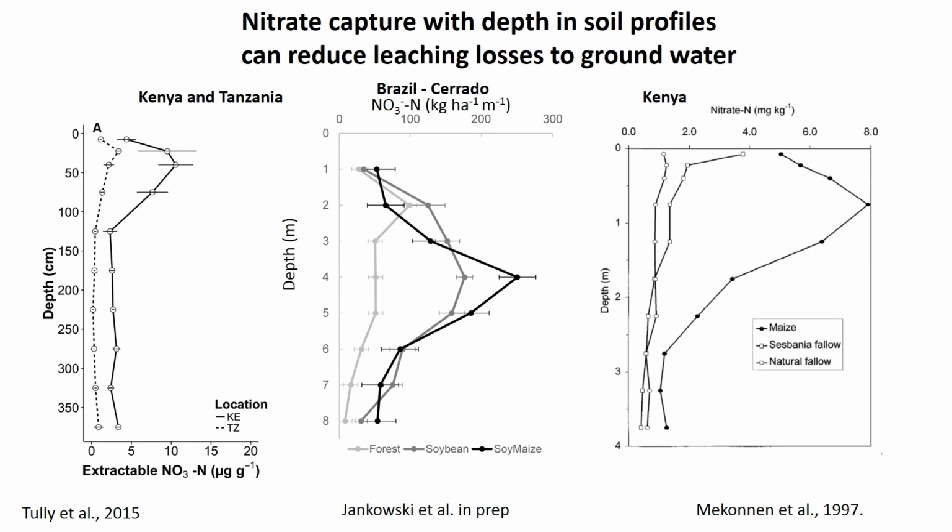What it's showing is that there's a buildup of nitrate anywhere from 50 centimeters, that's meters here. In Brazil, they're very deep soils. At 4 meters, you find a bulge of nitrate. Here's another one in Kenya at about 50 centimeters. It's anion exchange capacity on these variable charge clays. Highly weathered clays hold on to that nitrate, so it's not leaching through.